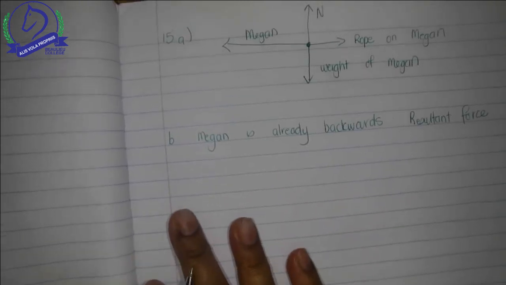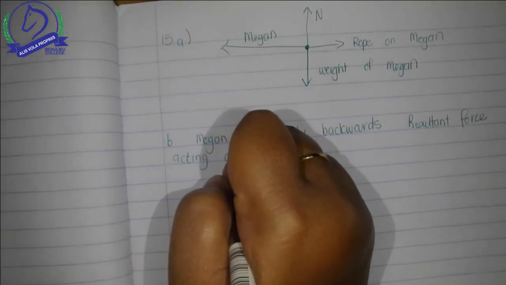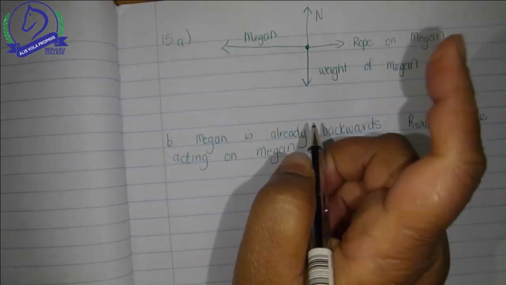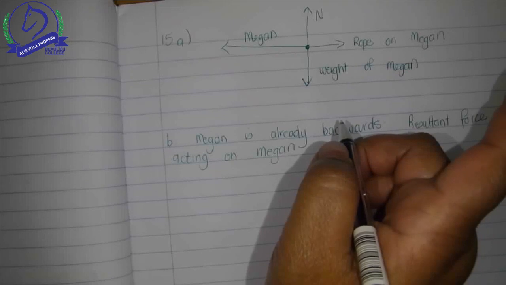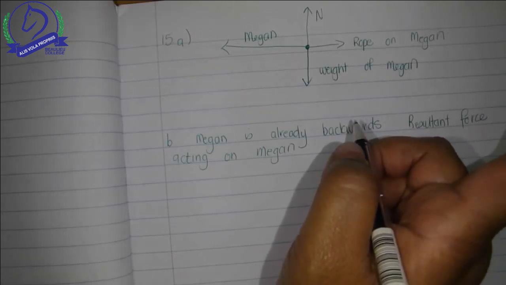There is a resultant force acting on Megan. The frictional force of the ground on Megan has a horizontal component.